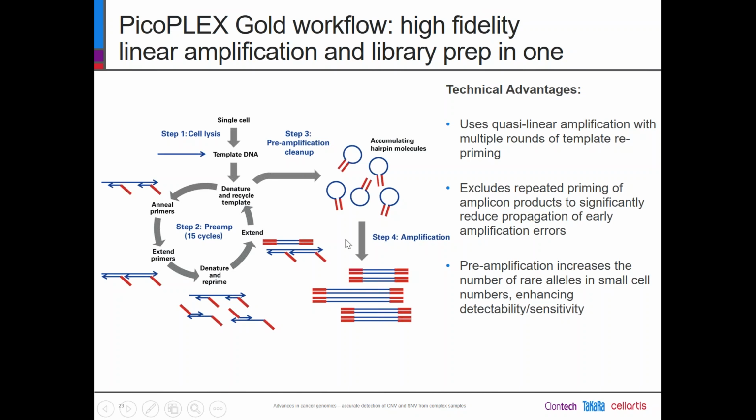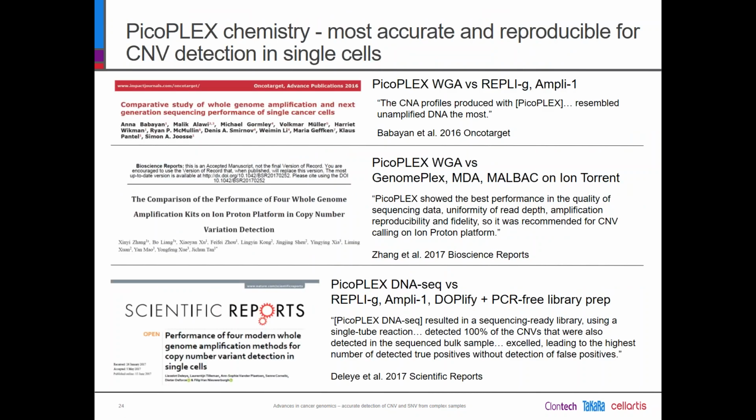In the 4th step, amplification, the final incorporation of adapters and indexes for Illumina sequencing will be done. This workflow leads to very high fidelity amplification of the DNA from the single cells. And I reported here on the right some advantages of this chemistry for single cell whole genome amplification.